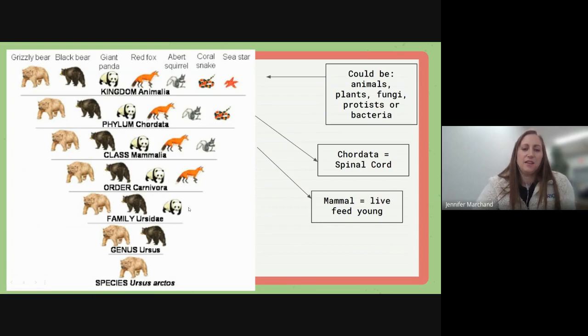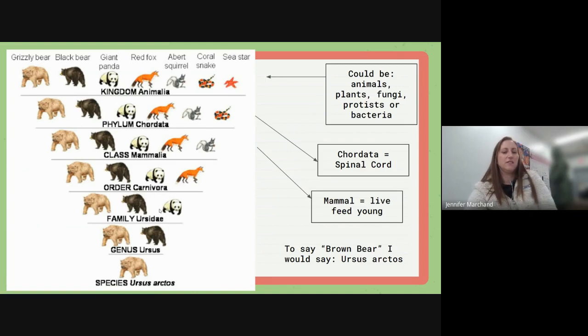The next one we have down here in family says Ursidae, which means bears. So you have all of these different bears here, and that's a really broad term to use for bears. When you get down here to genus, they're talking about the type of bear that it is.